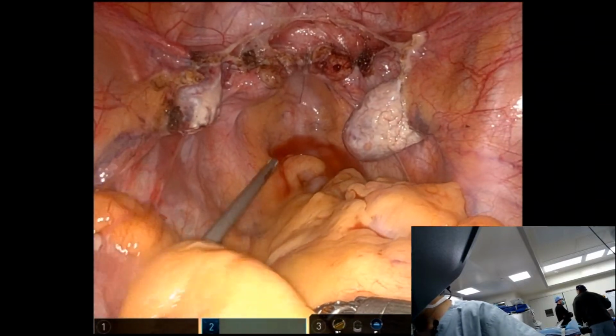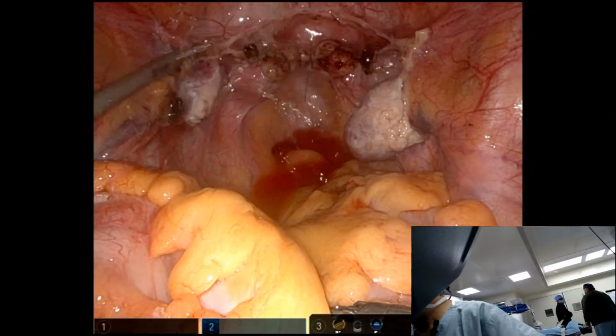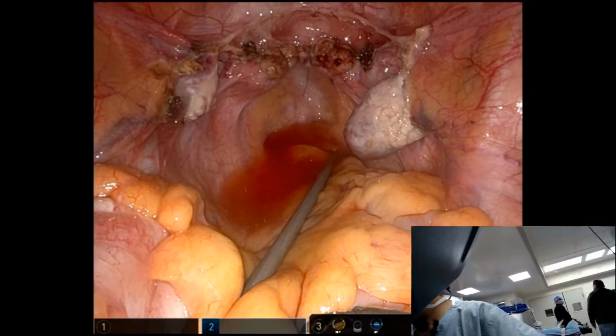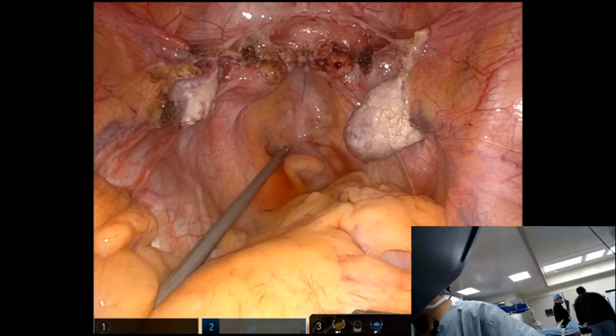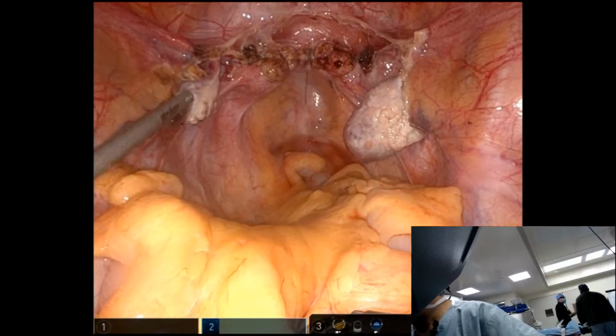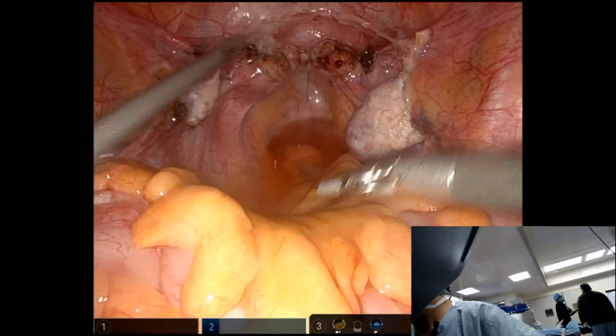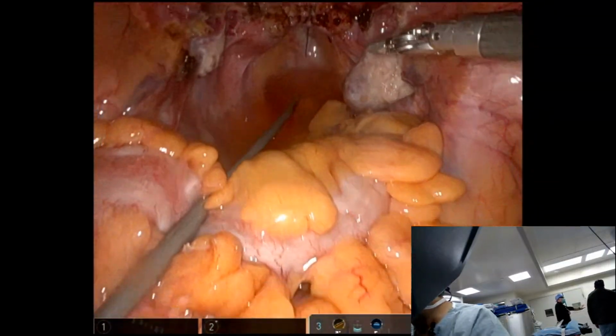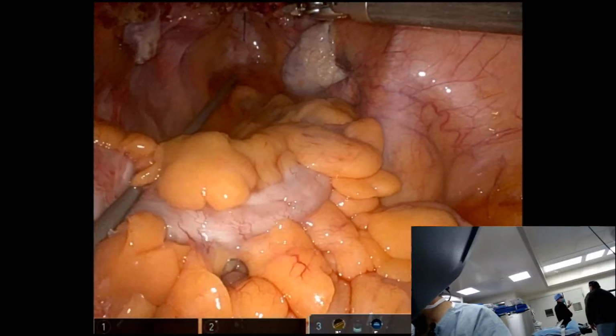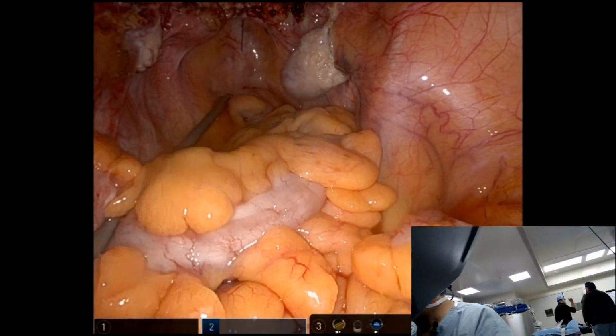I like to not leave any type of bleeding or clots in the pelvis because that prevents a lot of adhesions. Also, I use the anesthetic agent in finishing the procedure.